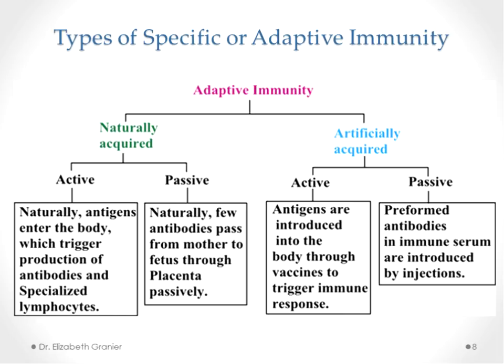And to artificially acquire specific immunities against a specific pathogen, we can do that in an active way, such as giving exposure to non-virulent pathogens. So that's where vaccines come into play.